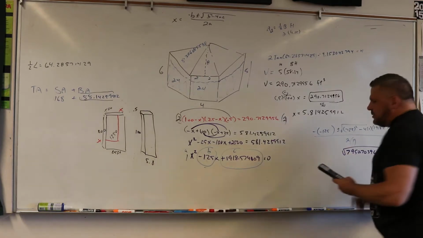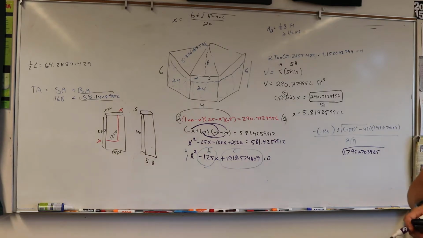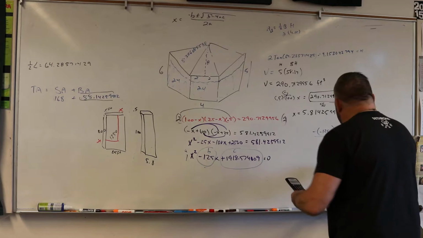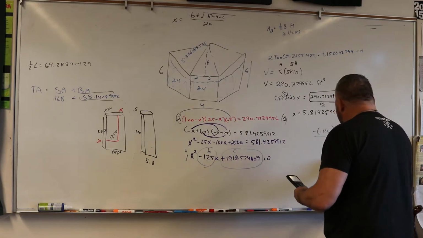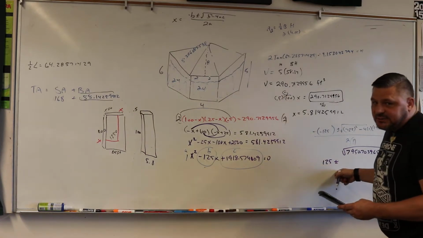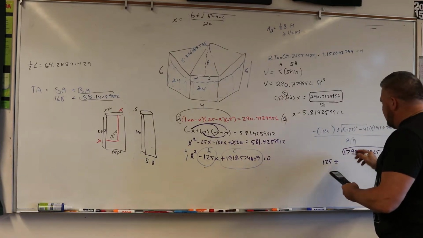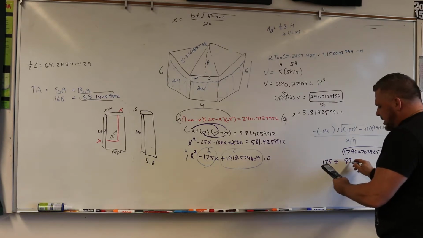That's the square root. So now we're going to hit second, squared, that square root button, and we get negative negative, which makes it 125 plus or minus in this case, plus or minus 89, okay?